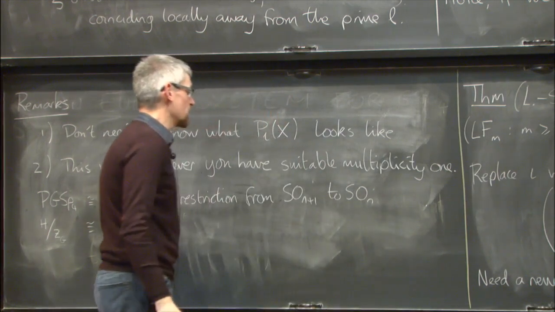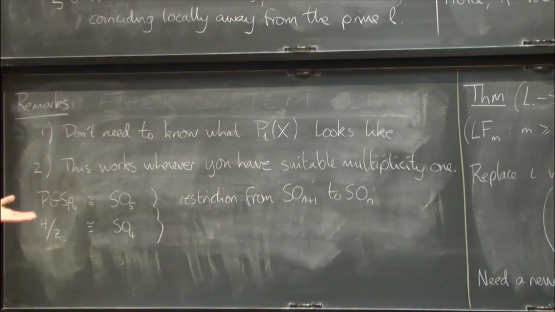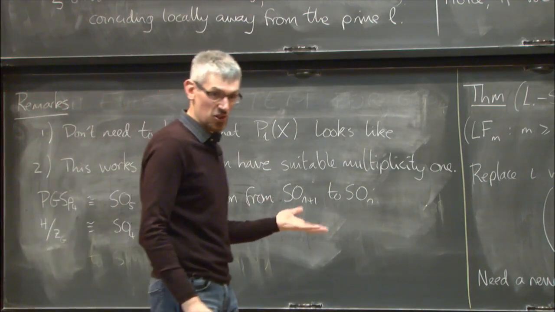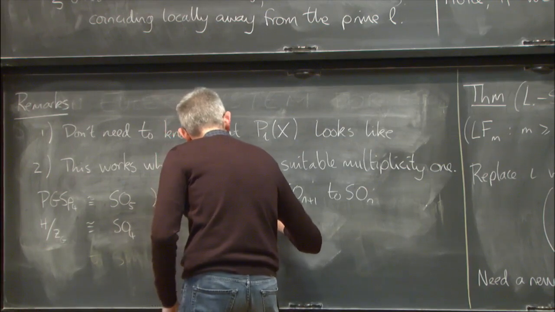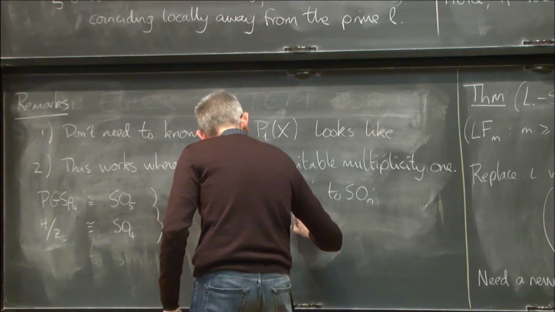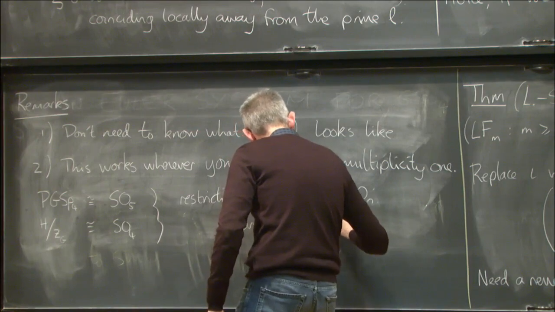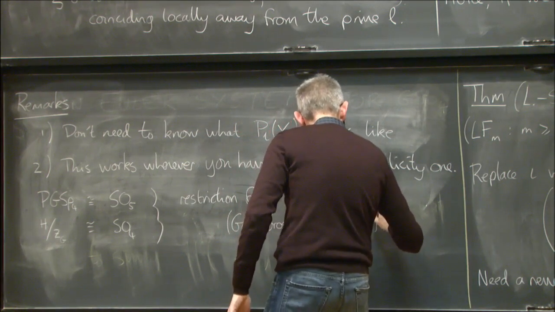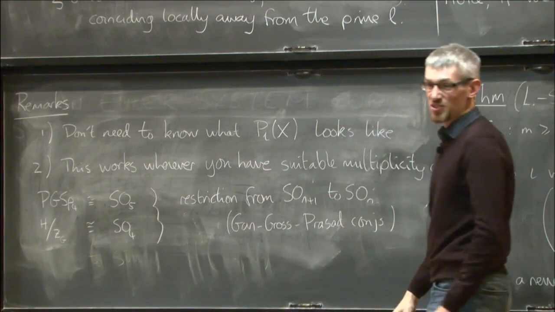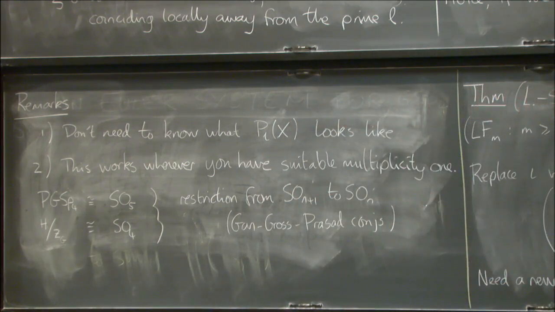And the general problem of restricting from SO(n+1) to SO(n) has been studied. This is one aspect of the Gan-Gross-Prasad conjectures. But of course, this is for spherical representations where these conjectures are known.